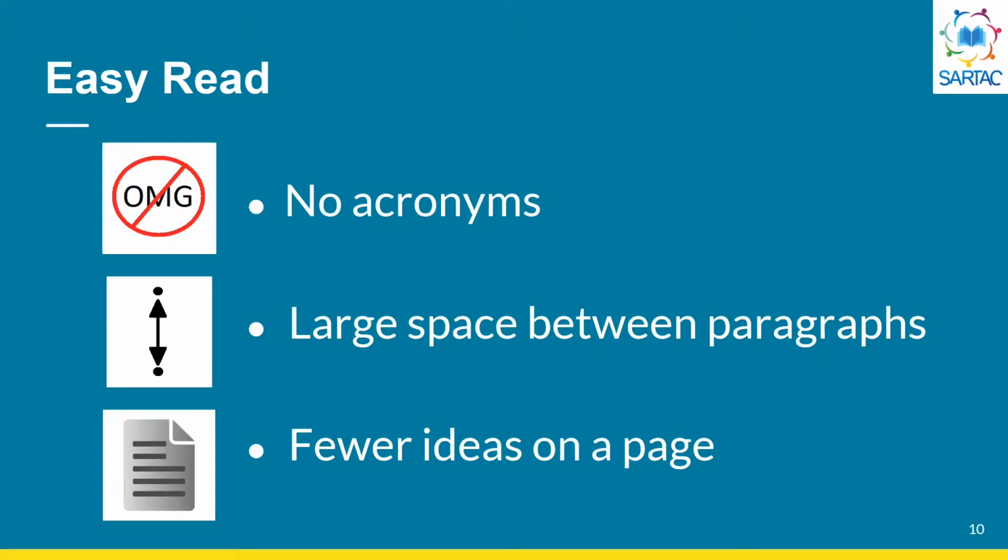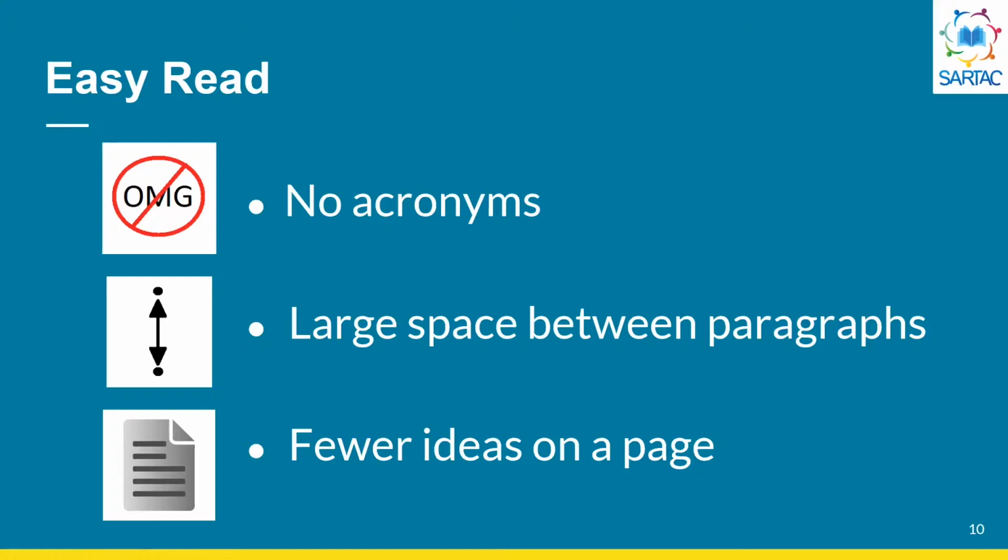So, like in plain language, you want to avoid acronyms in Easyread. You generally want to spell things out. Sometimes you're going to have to make an exception. For example, if you're talking about home and community-based services, your sentences will be very, very long if you always say the phrase home and community-based services. And long sentences are not accessible.